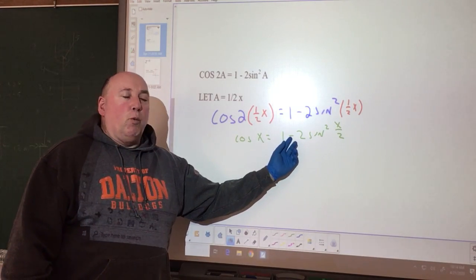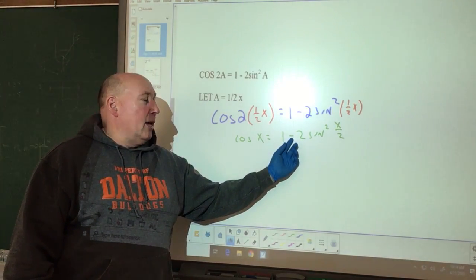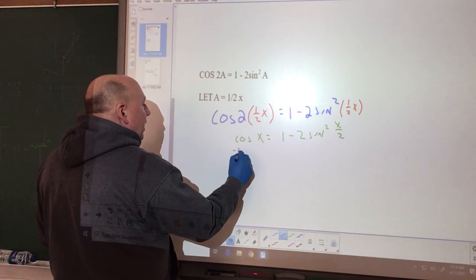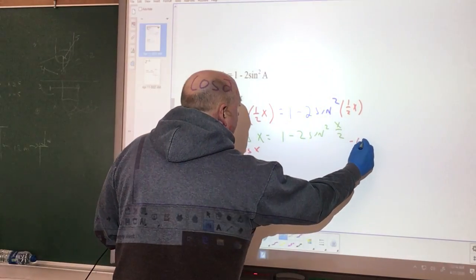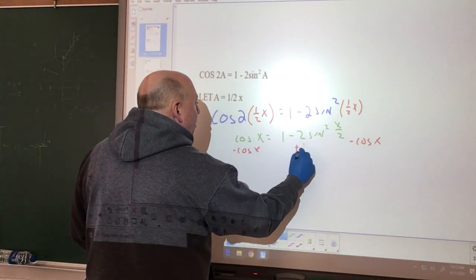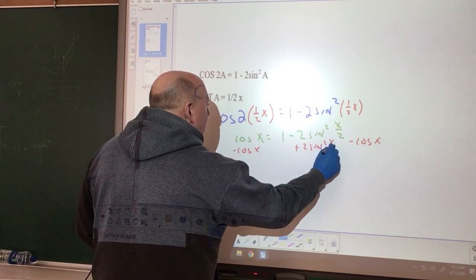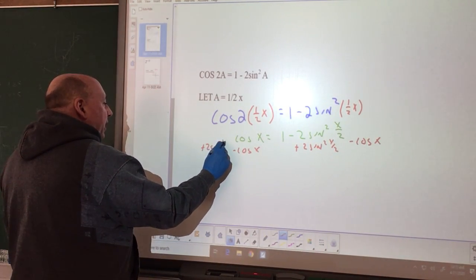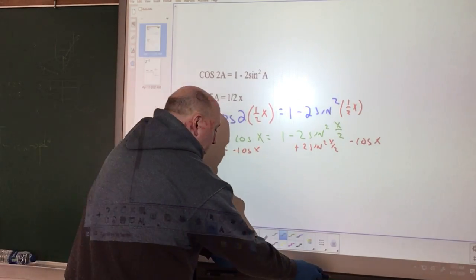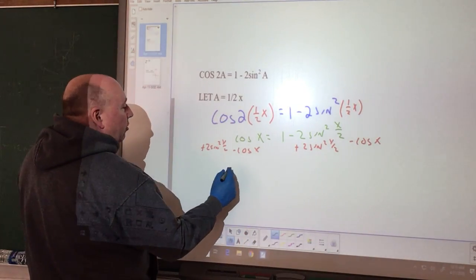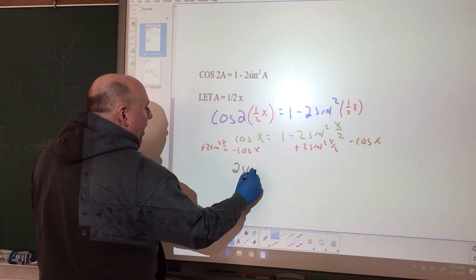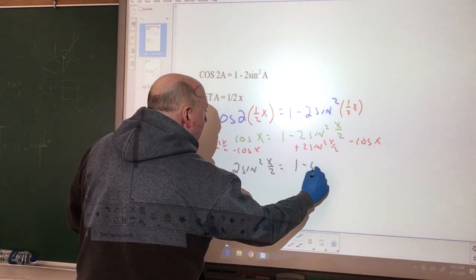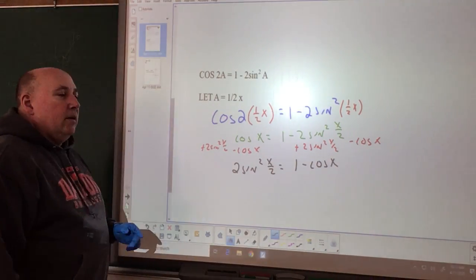The reason why I want to get this coefficient as a positive value is so I'm going to subtract cosine of x, but then add 2 sine squared of x over 2. So what this turns into is 2 sine squared x over 2 is equal to 1 minus cosine of x.